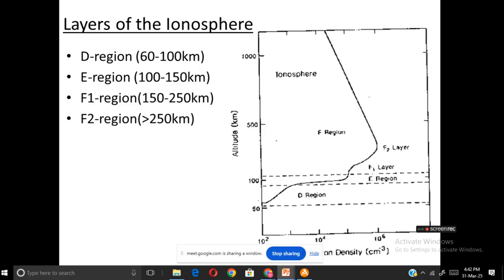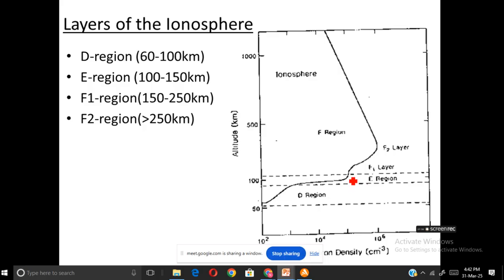As you can see, this shows the altitude and the electron density. As I said, this is the layer in the atmosphere where a large number of electrons and ions are present. The different layers in the ionosphere are classified based on the electron density present in each layer.